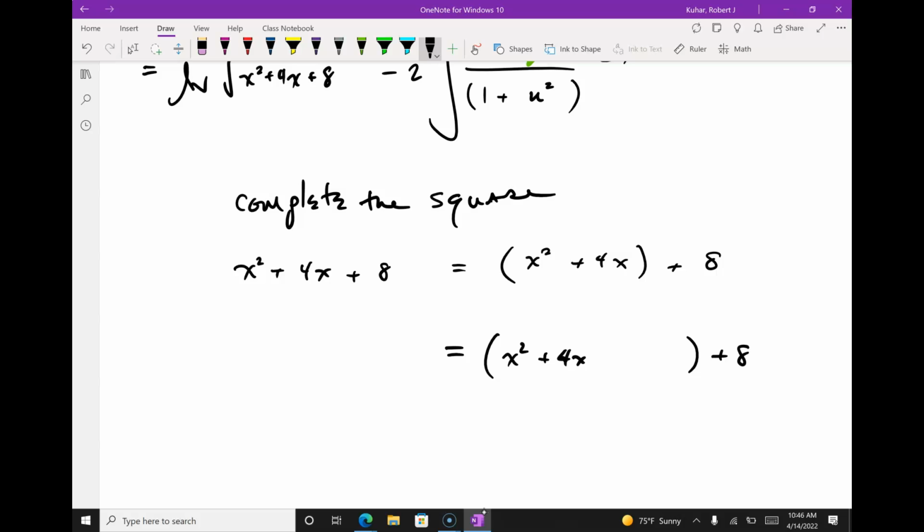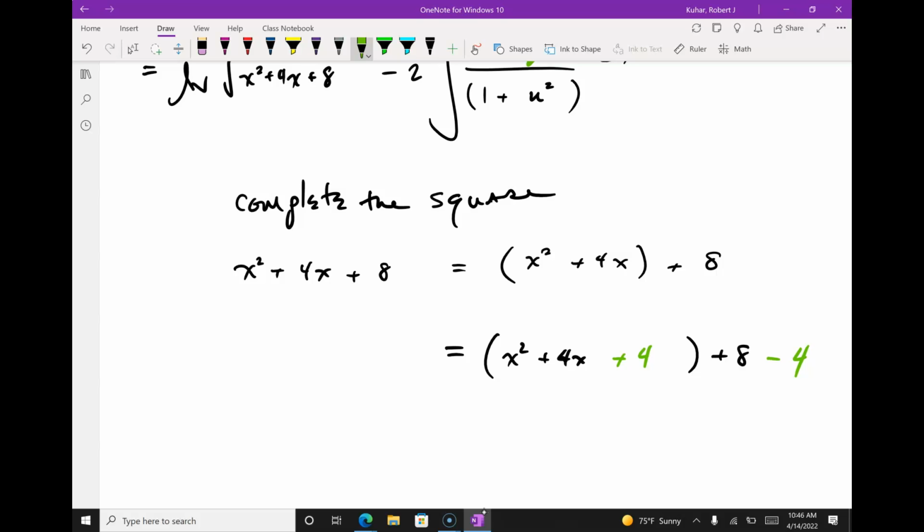Now I'm finding k. Once my leading coefficient of x squared is 1, I look at the coefficient of x, which is 4. I take half of it, 2, and square it to get 4 again. I'm going to add 4 inside and subtract 4 outside.